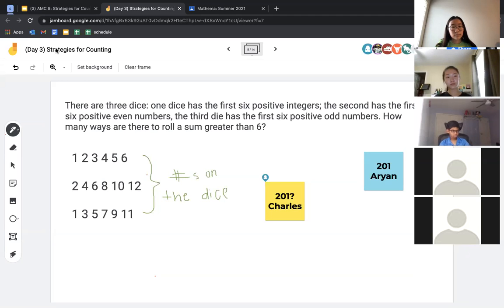Does anyone else have an idea of what the answer could be? Remember, for this question, you're just going to count the number of ways you can roll a sum less than 6. And there aren't that many ways that you can actually do it.